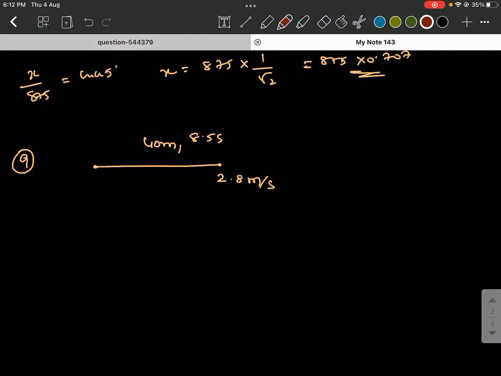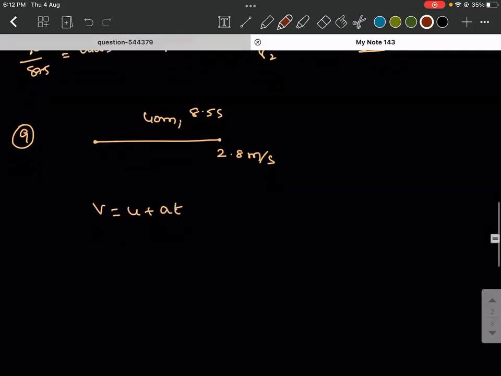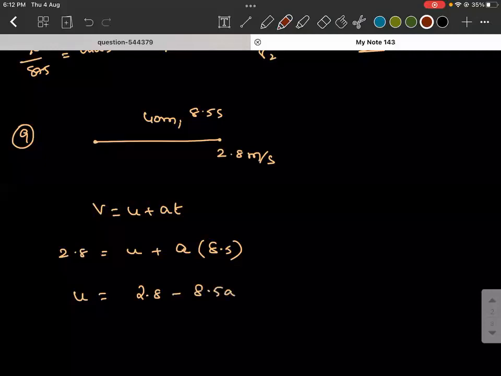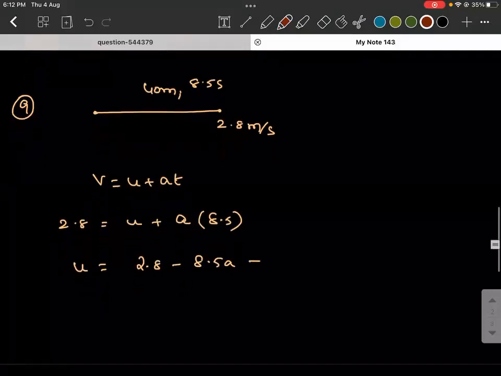So if I apply V is equal to U plus AT, V is 2.8, equal to U, we don't know, plus acceleration, we don't know, into time 8.5. So can I say U is equal to 2.8 minus 8.5A? Let me call this equation number 1. Is it clear till this time?